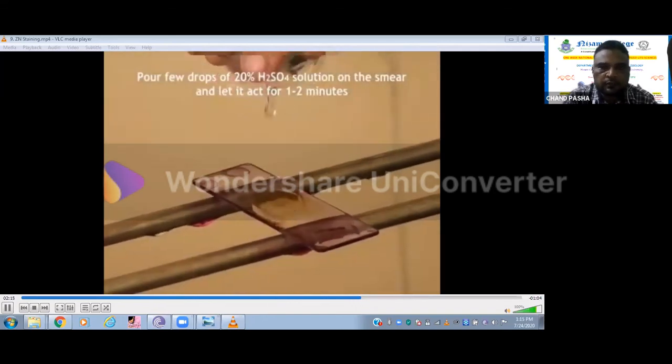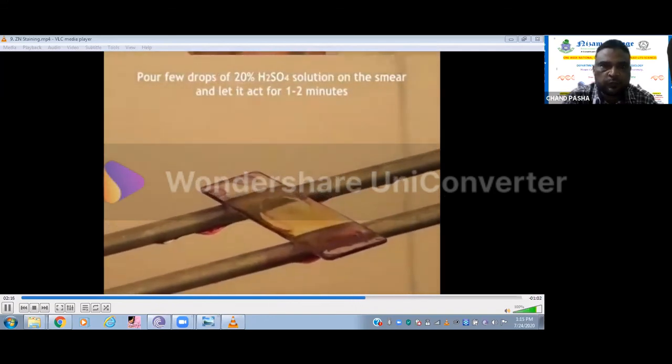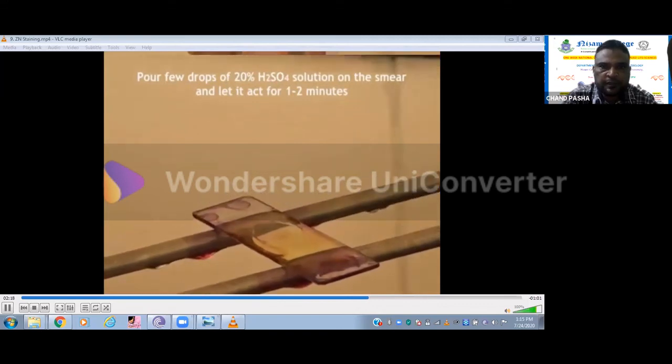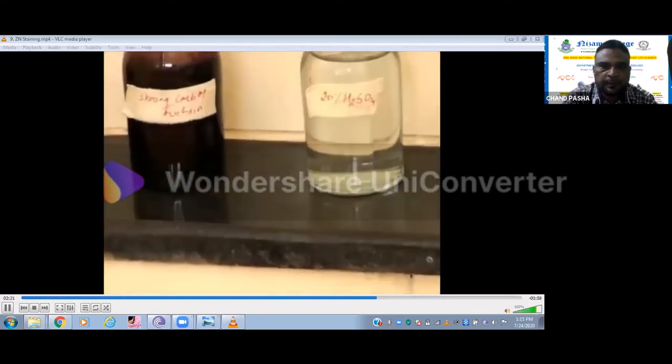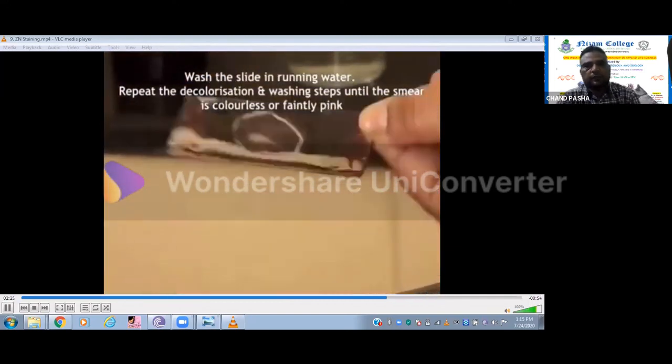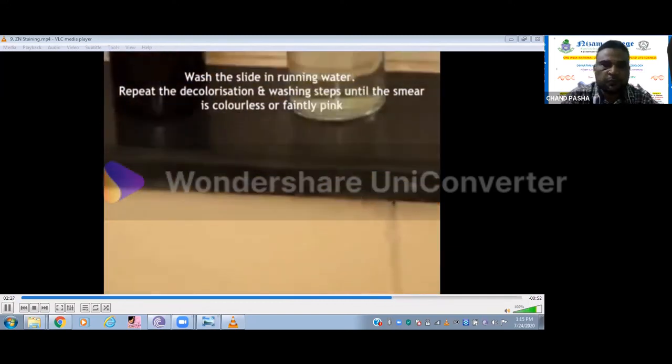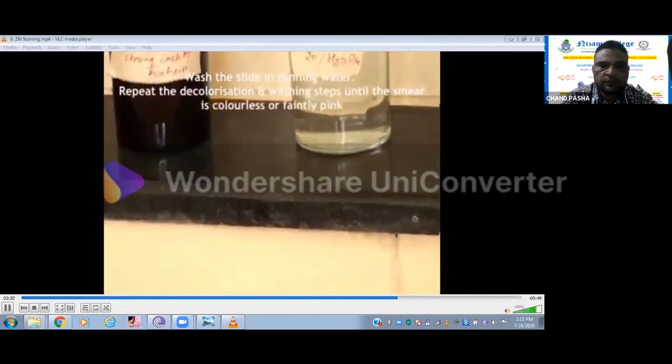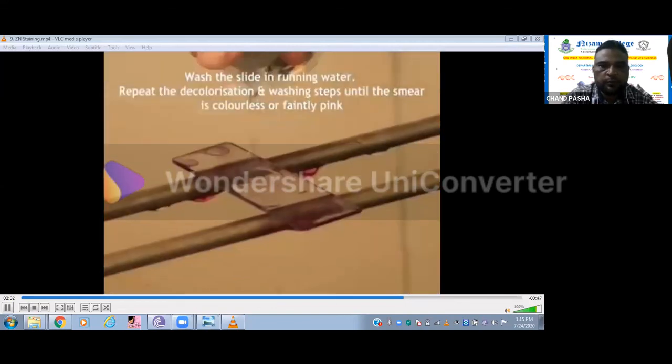Now, the acid decolorization process, the acid wash we are doing, is a 20% H2SO4 prepared by taking 80 ml water and 20 ml H2SO4. Very concentrated, both the things.